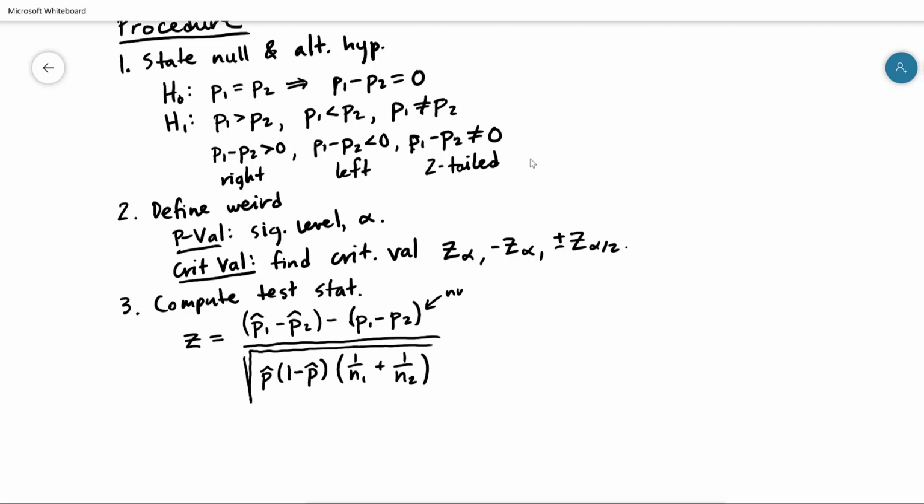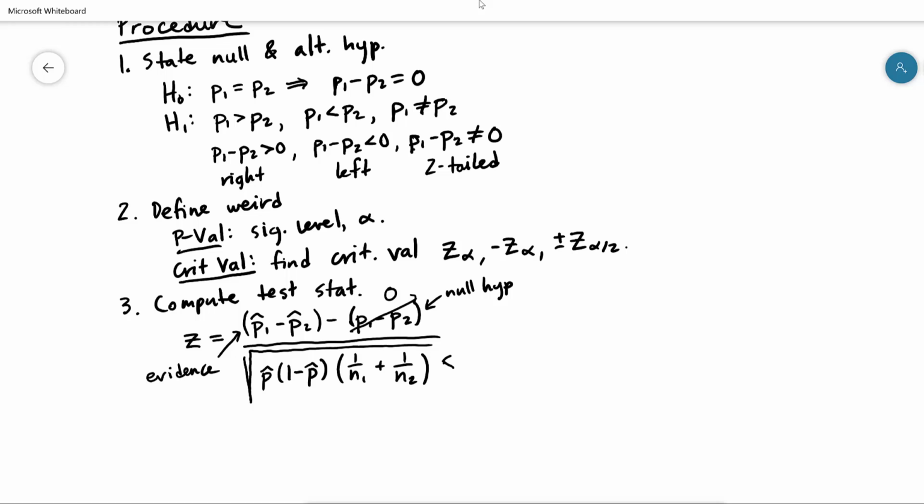So this piece comes from the null hypothesis. And in this case, the presumption is, according to our null hypothesis, that P1 minus P2, which is what we've got right here, is equal to 0. So again, most of the time we'll just cross that term off. That's a 0.